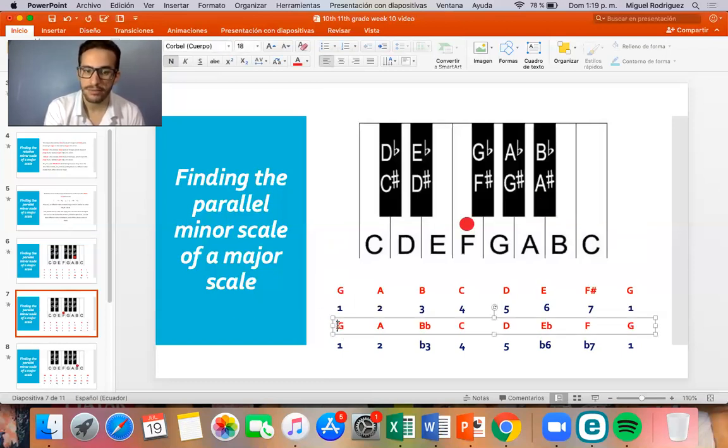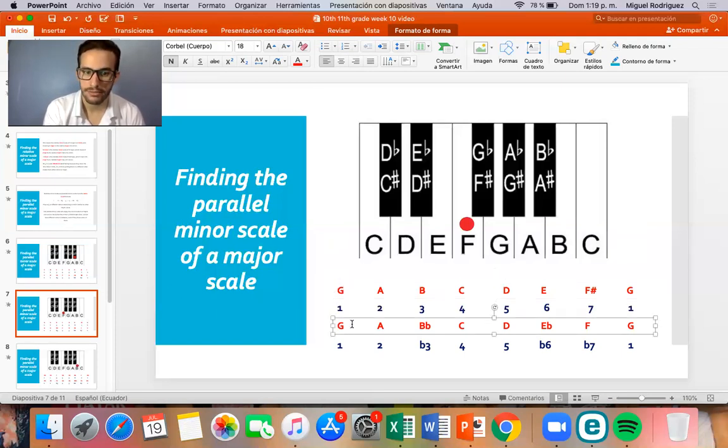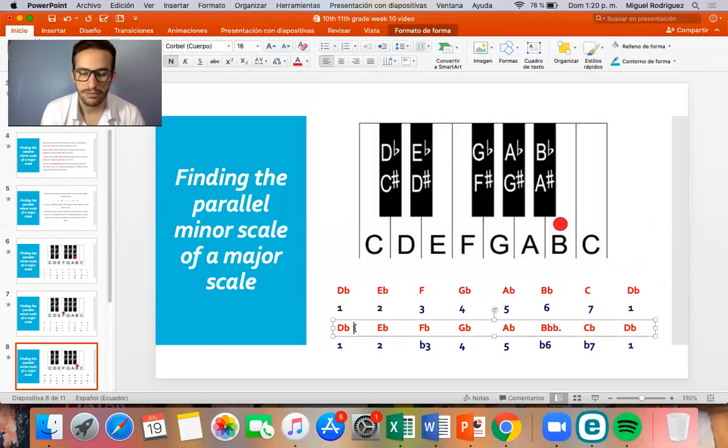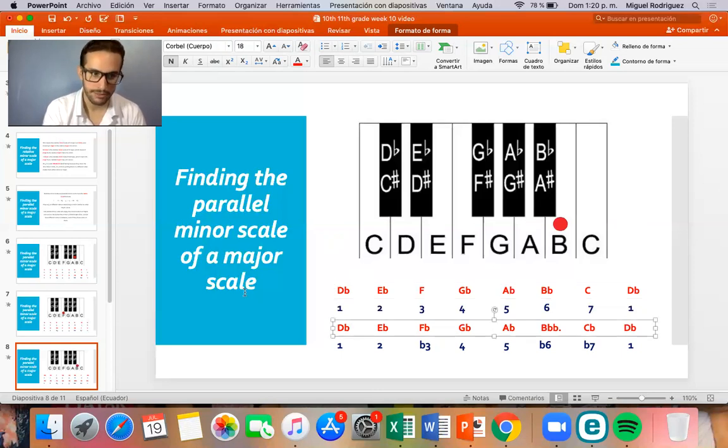G minor is the parallel minor of G major, and G major is the parallel major of G minor. And then the other example, D flat minor is the parallel minor of D flat major, and D flat major is the parallel major of D flat minor.